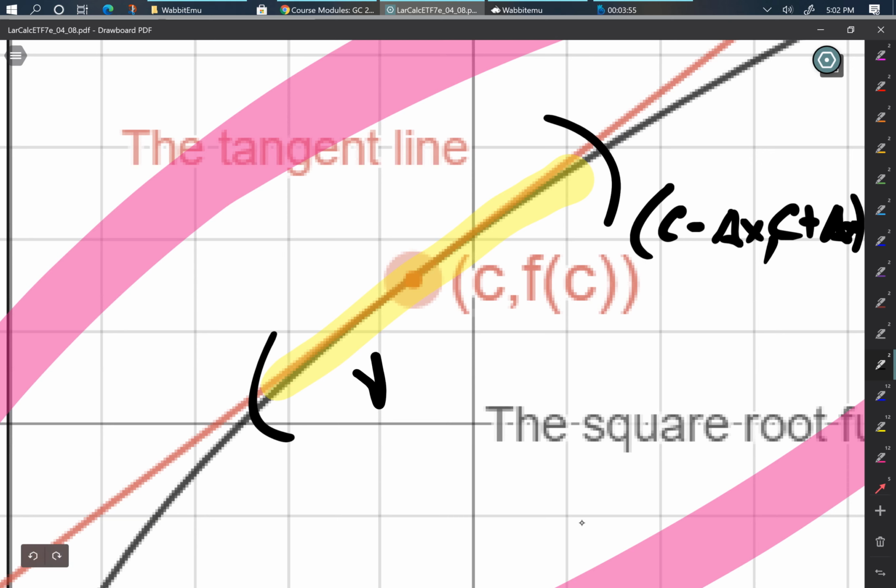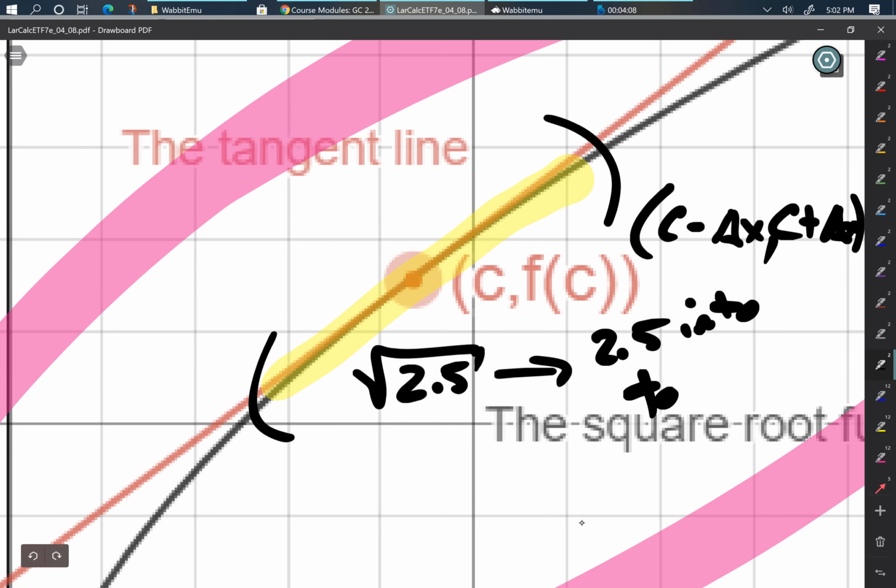So if I wanted to find the square root of 2.5, I would just take that 2.5 and put it into the tangent line, and then find out the value of the tangent line at 2.5 and say, that's close enough.